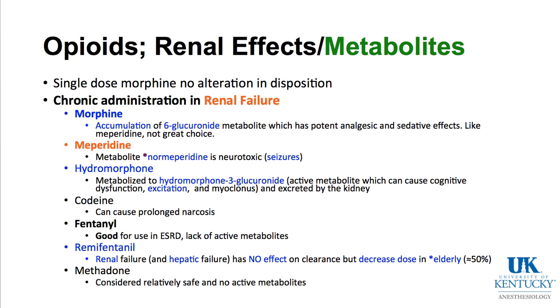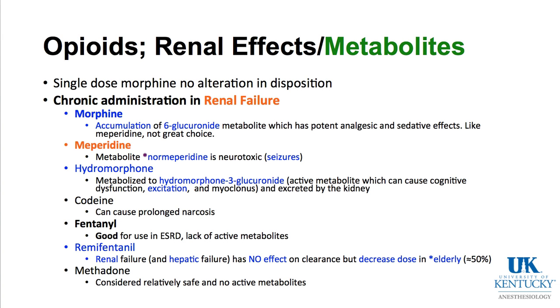And codeine, you can get prolonged narcosis. Now, the last 3 opioids on this list, fentanyl, remifentanil, and methadone, are much cleaner in a patient with renal failure. Fentanyl is good for use in end-stage renal disease with a lack of active metabolites. Remifentanil, because it's broken down by esterases and independent of renal function or hepatic function, doesn't matter, it's going to be broken down.